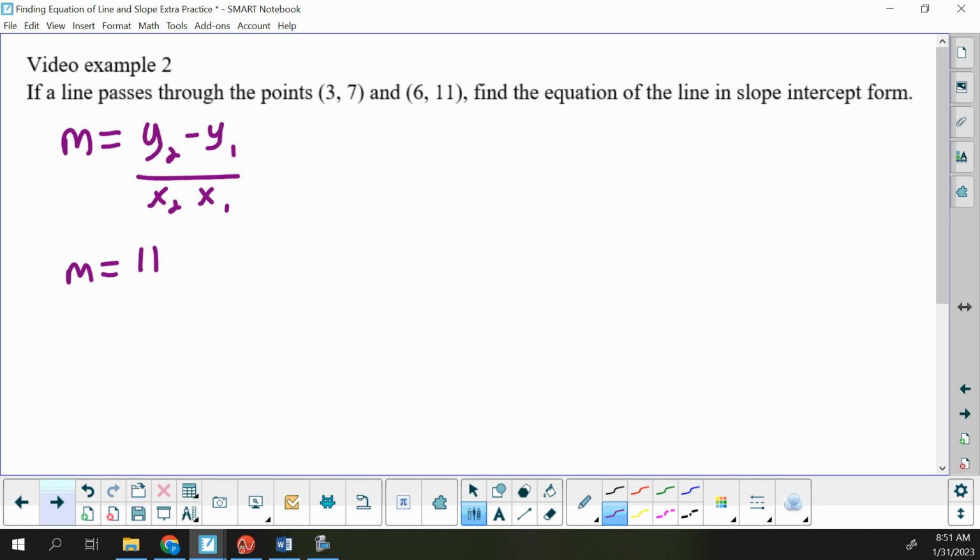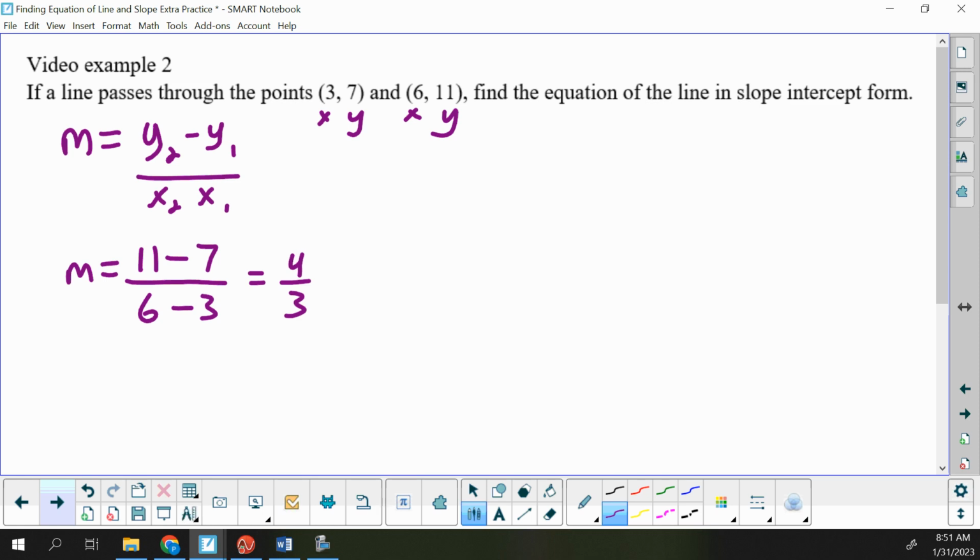So I'm going to start with the y value of 11 minus the y value of 7 over, if I started with the y value of 11, I've got to start with the x value of 6 minus the x value of 3. So you can just put that in the calculator as is using your fraction button, and we eventually get 4/3.